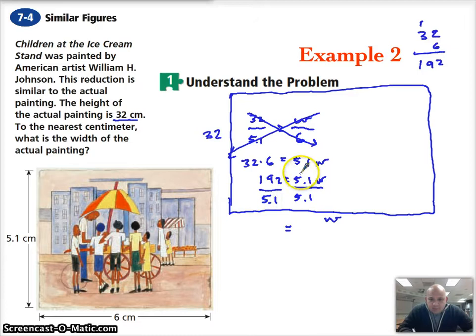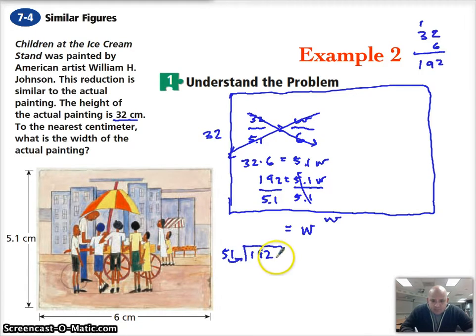What I come out with is the 5.1s knock each other out. The W drops down, and now we have 192 divided by 5.1. So I'm going to figure that out right down here. Now I'm going to move that decimal point over 1.